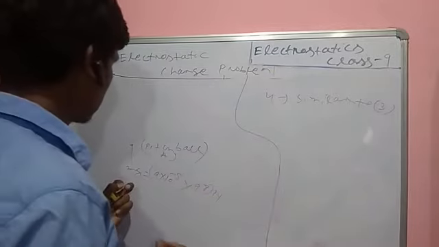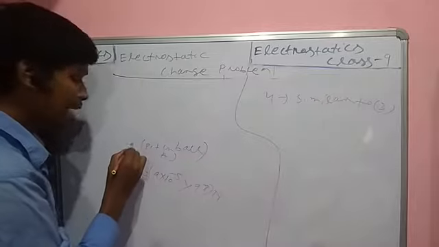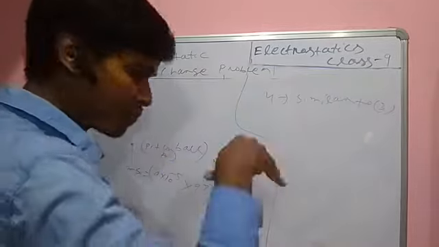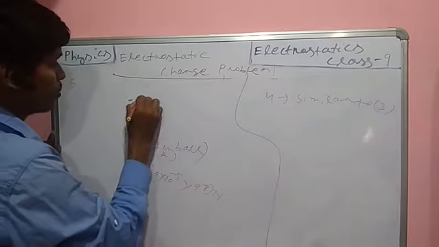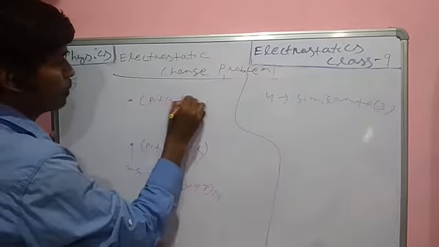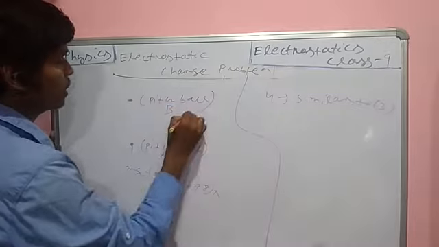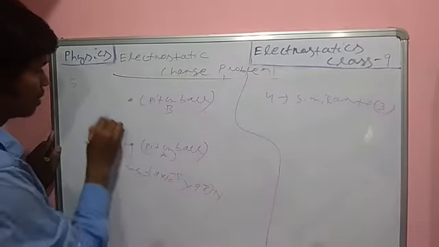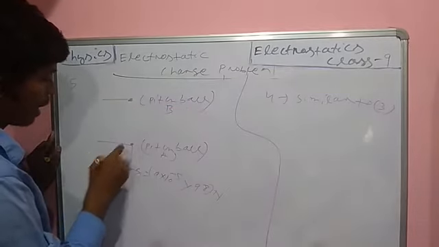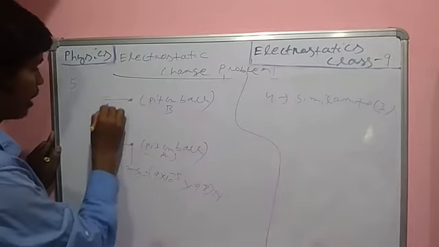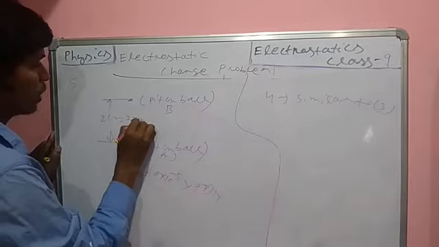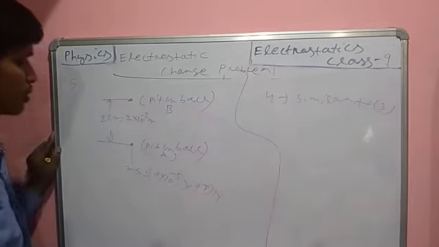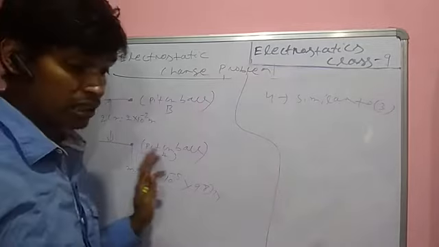Due to weight, it tries to move in the downward direction. But pith ball B is at a distance from A, 2 centimeter, which is 2 into 10 to the minus 2 meter. Yes or no?